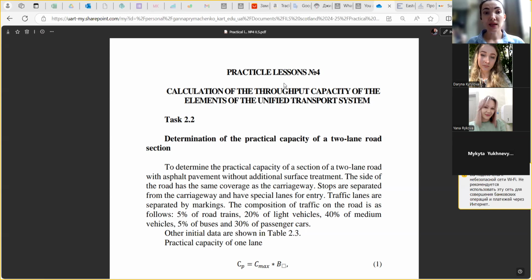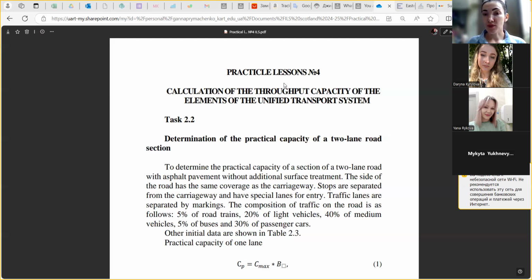Okay. The side of the road has the same coverage as the carriageway. Stops are separated from the carriageways and have special lanes for entry. Traffic lanes are separated by markings. It is also very important.